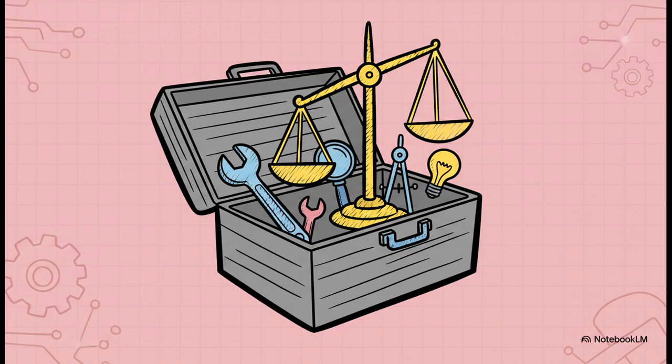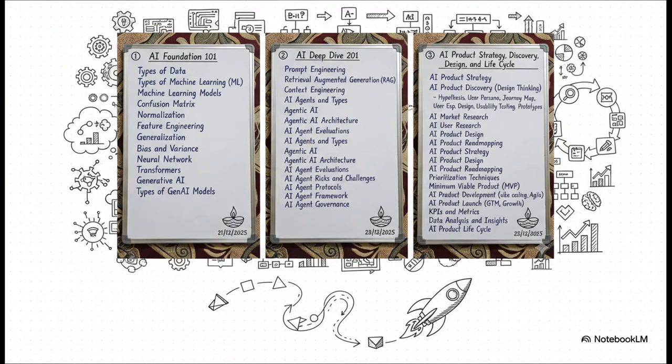RICE helps you decide what to build, but a great AI PM also has to master the how and the why. A great AI PM needs to have a solid grasp of the entire product landscape, and that means understanding the tech fundamentals, sure, but also diving deep into advanced stuff like agentic AI and mastering the full product lifecycle, all the way from strategy and user research to launch and analyzing the metrics.